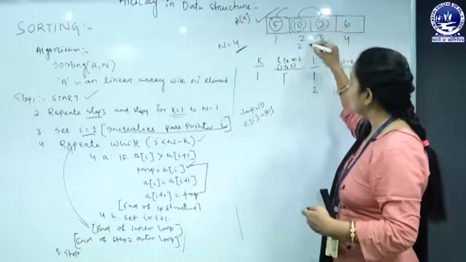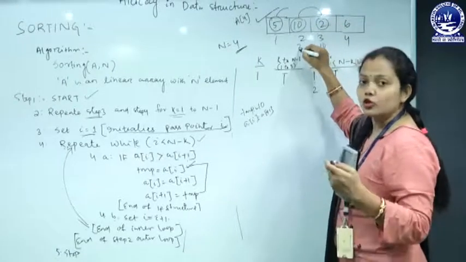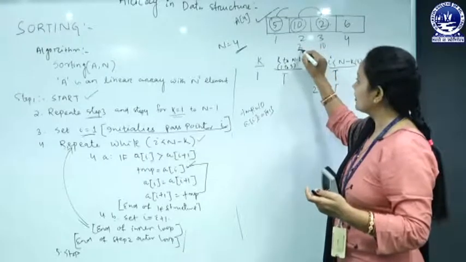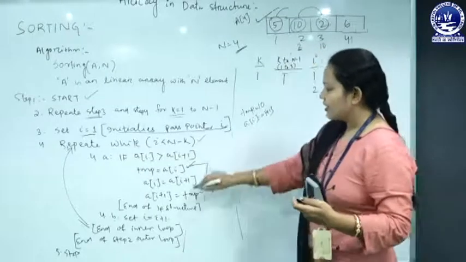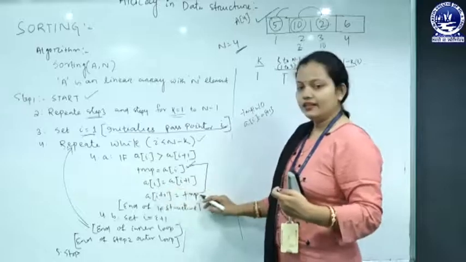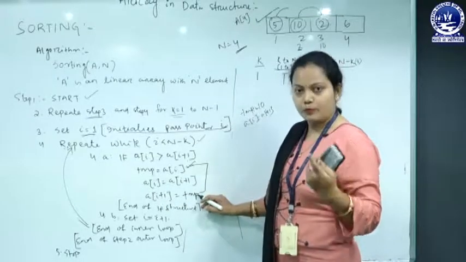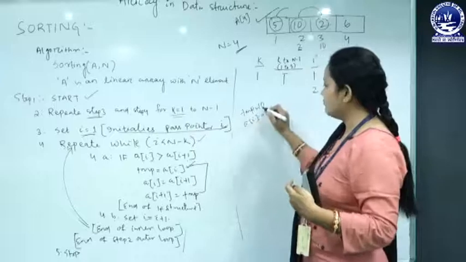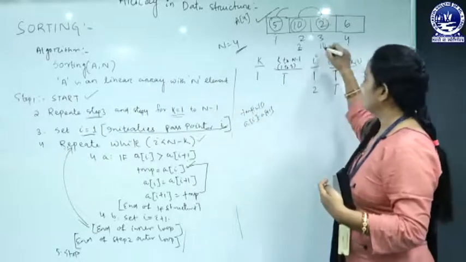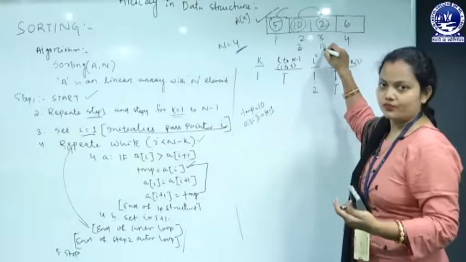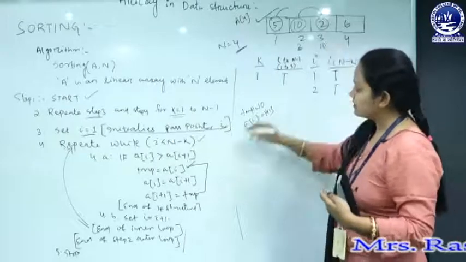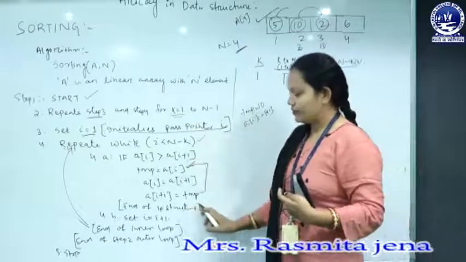So 2 came in the place of A of 2. Then A of I plus 1 will contain the data held by temp. Temp contains 10, so 10 became the A of 3 location. Then this is the end of the if structure.